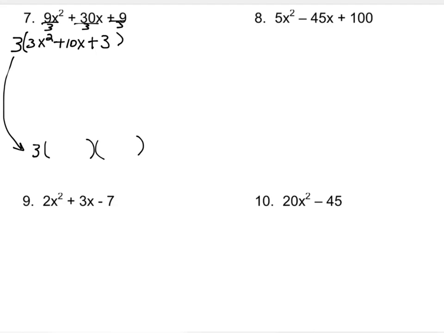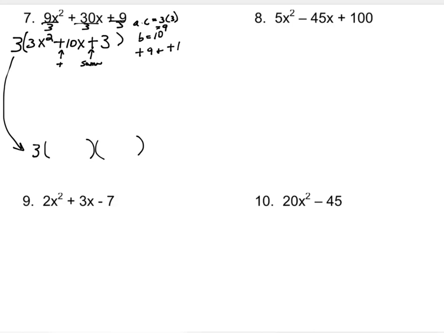So a times c, in this case, is 3 times 3, or 9. And b is equal to 10. Well, this plus tells me that the signs are the same, and that plus tells me that they are going to both be positive. And factors of 9 are 3 times 3 and 9 times 1. Well, 9 and 1 add to be 10.